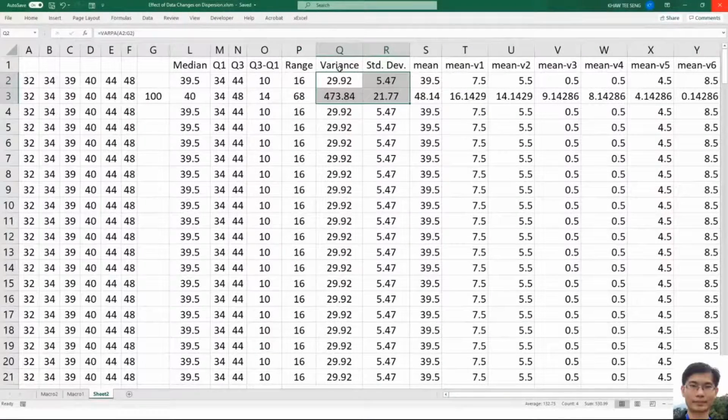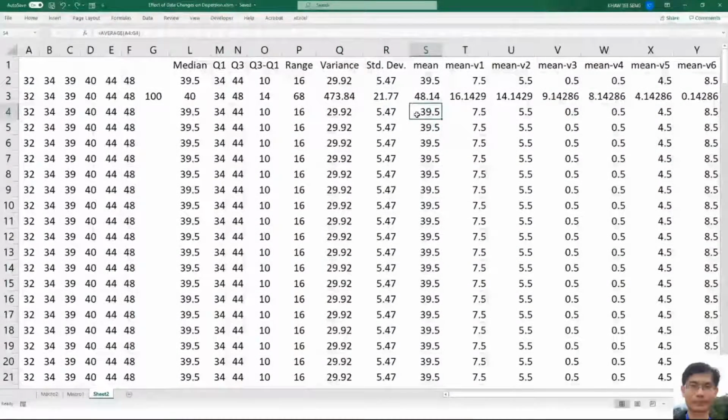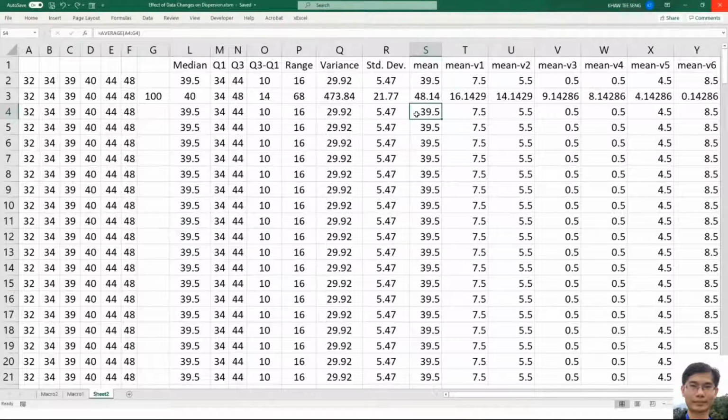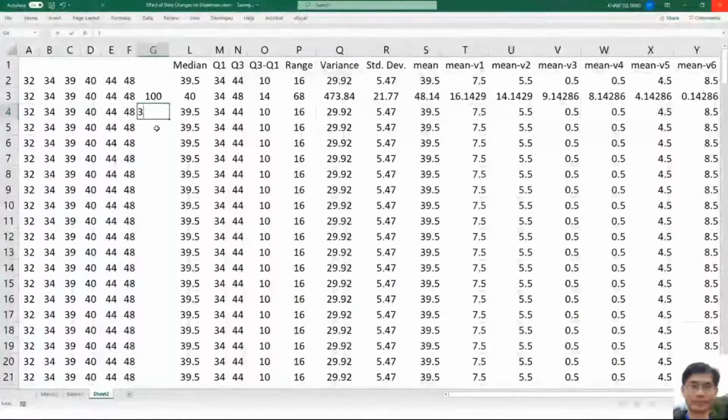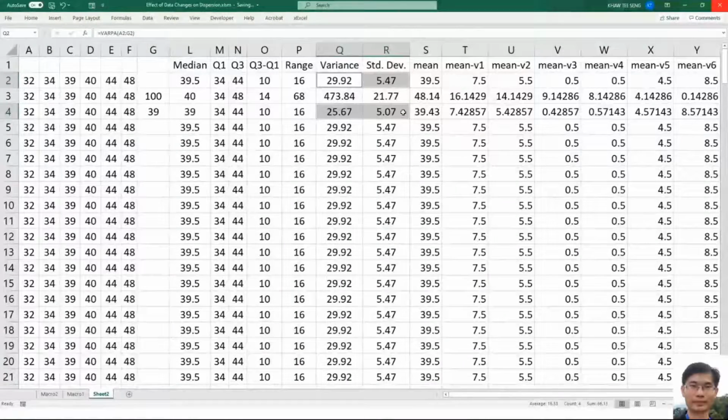And then we see the variance and standard deviation. The variance and standard deviation increase significantly when an outlier is added into the set of data. It increases a lot. The original mean is 39.5. If we add a new data where the difference between the new data and the mean is small, let's say 39, the variance becomes smaller and the standard deviation also becomes smaller.